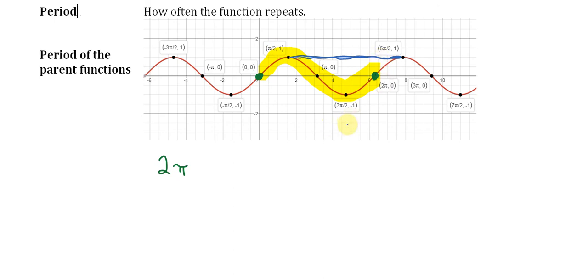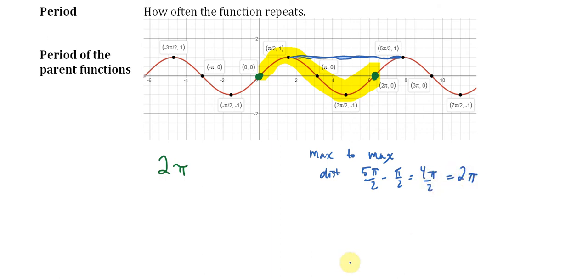That doesn't affect the period at all. It's really this horizontal distance, 5 pi over 2 minus pi over 2, which is 4 pi over 2, which is equal to 2 pi.